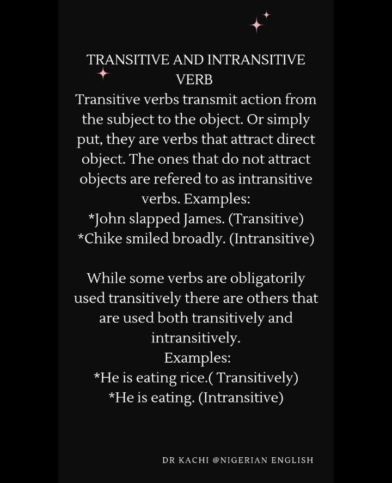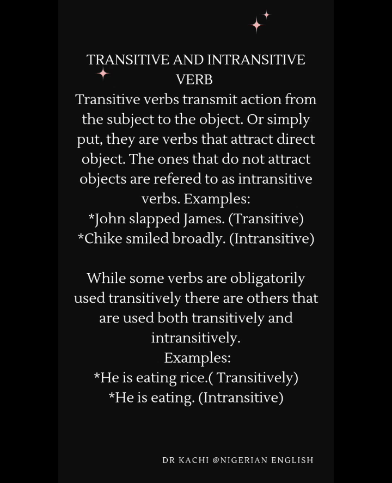It's not showing you what or who Chike smiled. Just the way John is, the slap there is showing you who John slapped. So here, the broadly is not showing us who or what Chike smiled. So it's not even possible to have that.